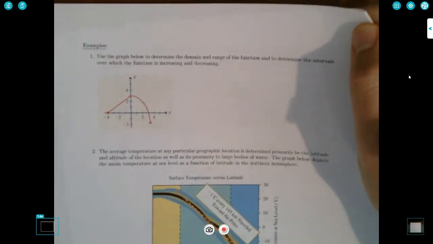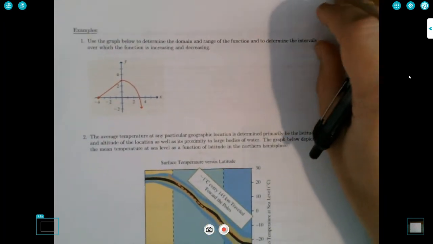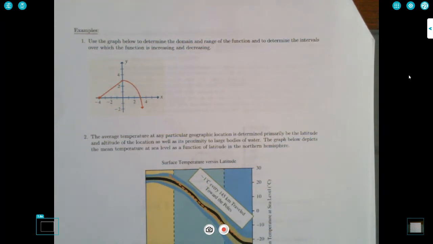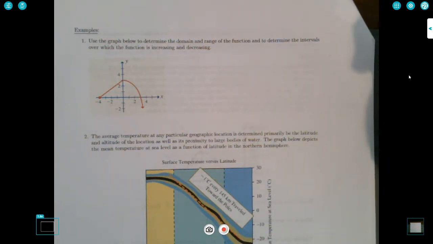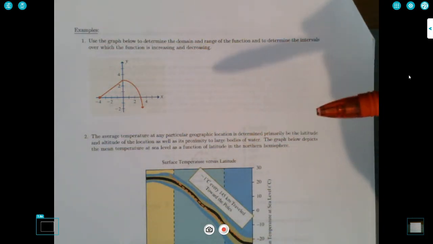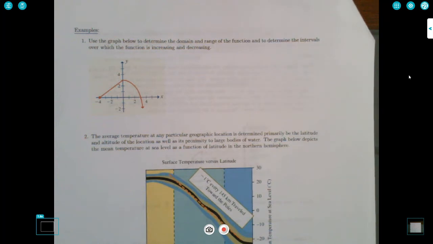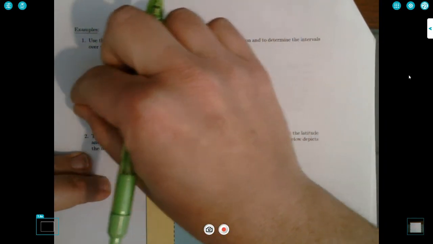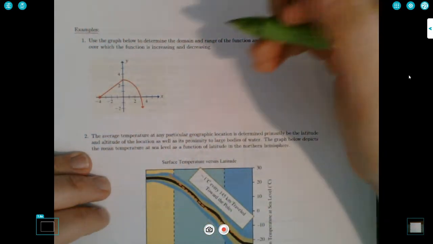So let's do another example with that. This one says, use the graph below to determine the domain and range of the function and to determine the intervals over which the function is increasing and decreasing. So I'm going to color code these. So remember, graphically speaking, the domain is the projection of the function onto the x-axis. Okay? So if I imagine taking this function and kind of pinching it onto the x-axis, what numbers get covered up?